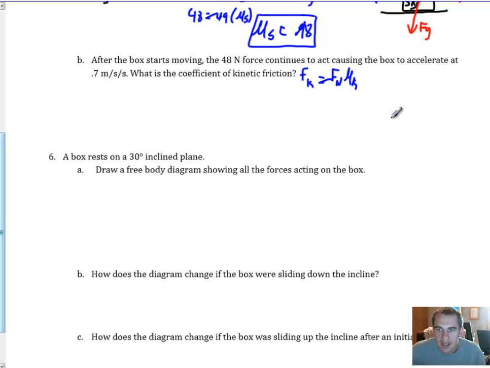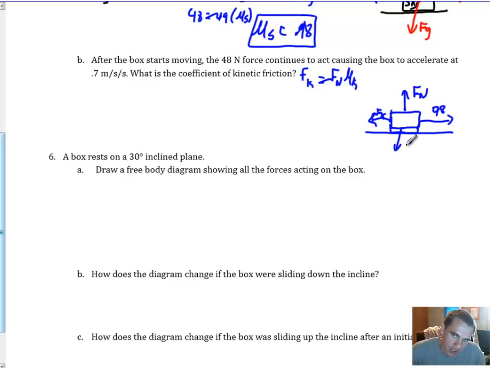The difference is now the box is in motion, and so instead of static friction acting, I've got kinetic friction. So this 48 Newton force is still acting, but now we also have the frictional force. However, kinetic friction is a little bit different than static friction, and generally it's a little bit less.